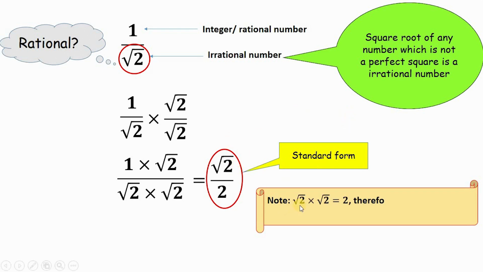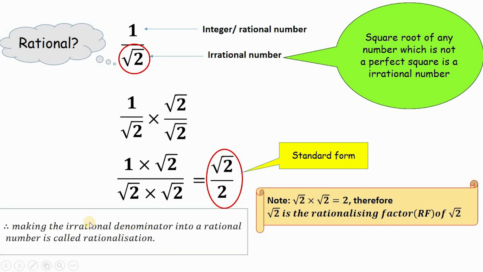Now when you multiply square root of 2 by square root of 2, you get 2. Therefore, we can say that square root of 2 is the rationalizing factor, or RF, of the square root of 2, because when you multiply square root of 2 with square root of 2, you get a rational answer, that is 2. So now you might get a clue what rationalization is.